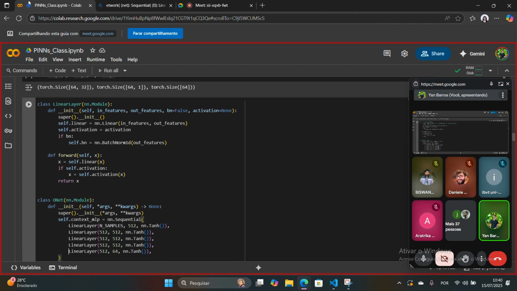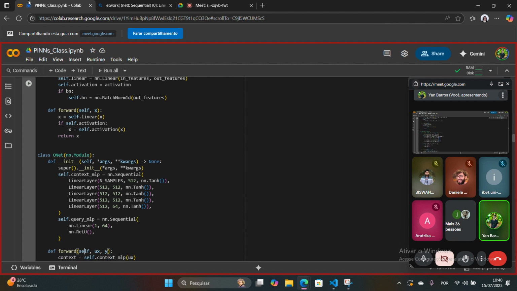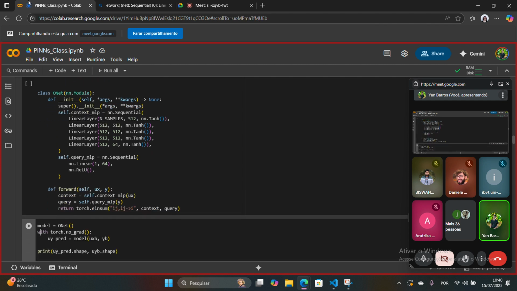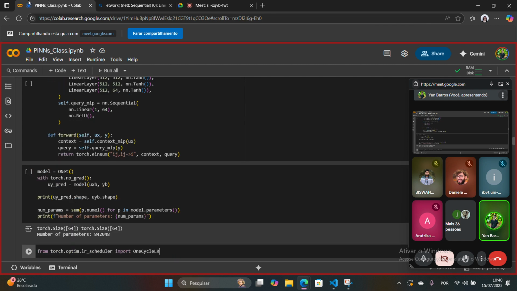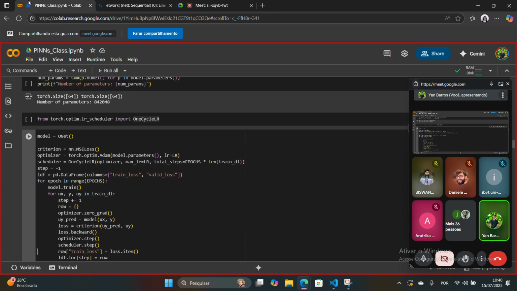When we have the layers of the neural network here, I'm using an MLP architecture. Then in the forward here, we have the context that will be the operators calculating here.